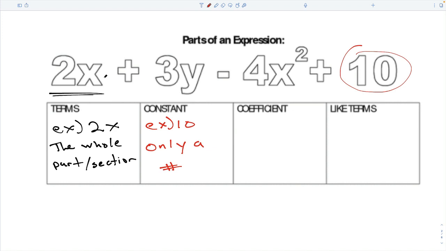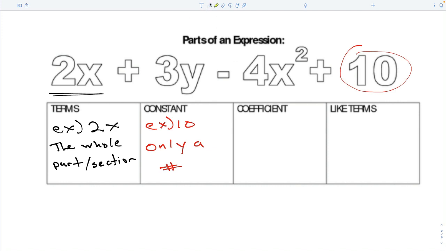A term would not be 10x because there's literally not a 10x in the problem. So when you're looking at this problem, the only terms are this one, this one, this one, and this one. So there are 4 terms. It's kind of like the sections divided by the plus signs. The constant is just the number, and 10 is the only constant in this problem.